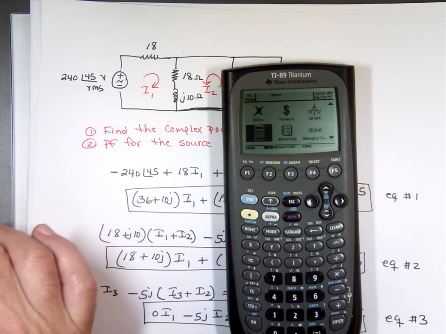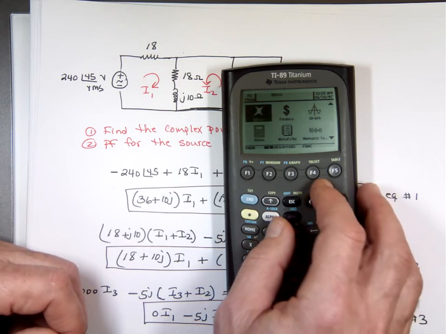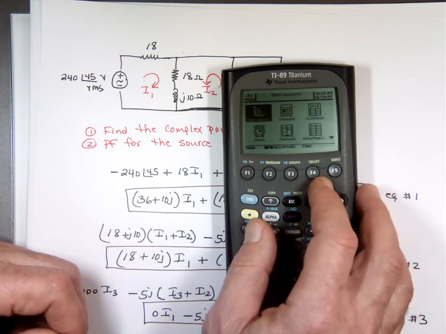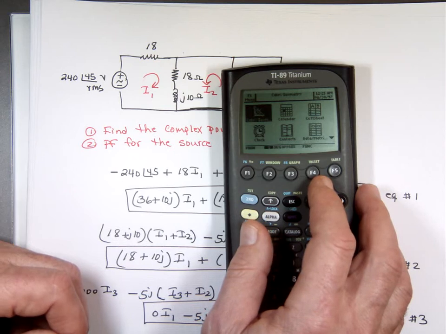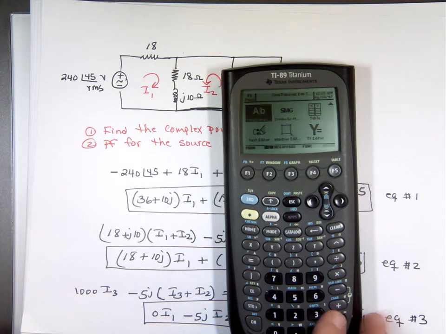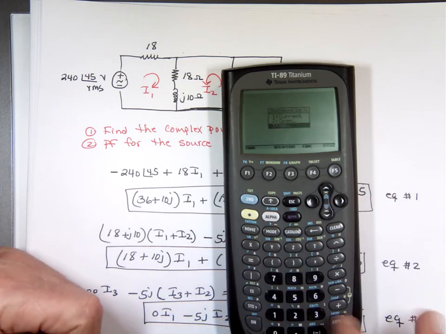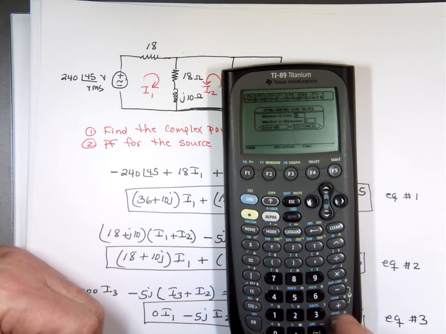I have to go to simultaneous equations. Right there. Simultaneous equations. I'll hit enter. They're going to ask me, I have a new one here. How big is that equation? 3 equations by how many unknowns? 3 unknowns.